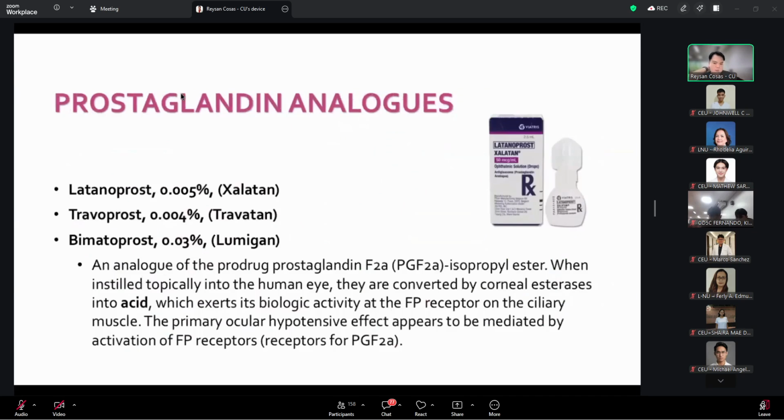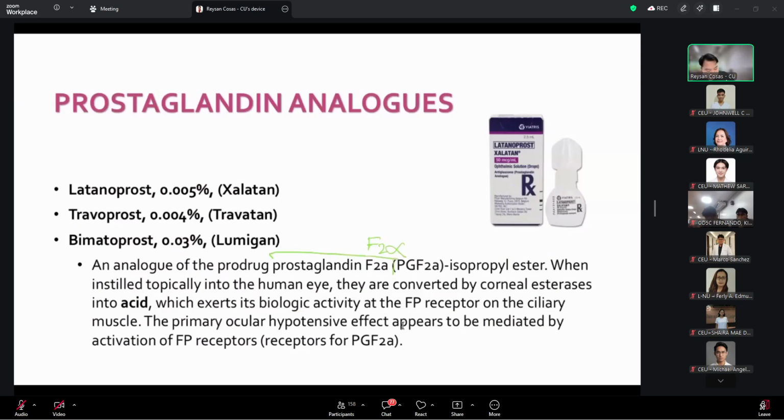So let's proceed with the prostaglandin analogs. The prostaglandin analogs are literally analogs of prostaglandin, particularly prostaglandin F2 alpha.